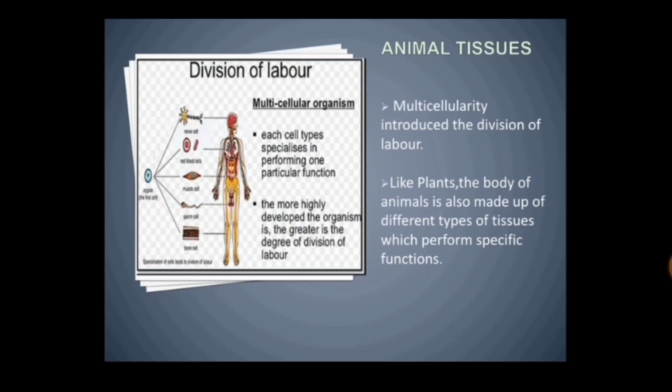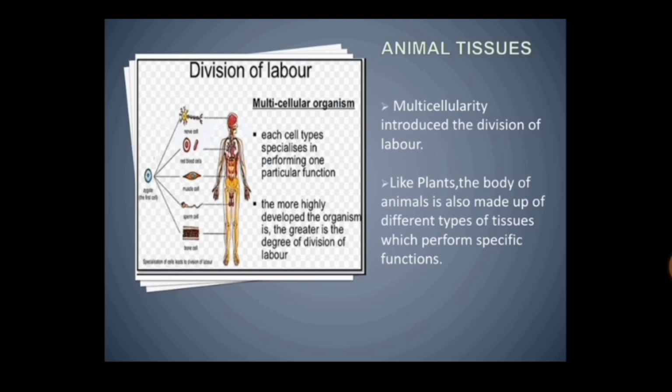So this thing we have discussed in the introduction. Now children, what does multicellularity mean? As we are aware, multicellularity means the organism is made up of multiple cells, right?